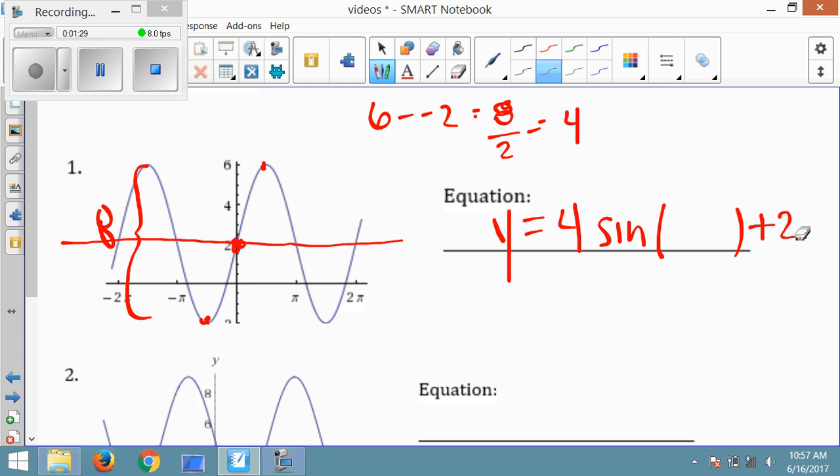And we've got to look to see if we have any horizontal shifting, which since we're starting right at 2, we do not, so we have no plus b. And we have to look at our period to see where it ends. In this case, it does end at 2 pi, so we have no change in the period, so our b value is just 1, so we don't have anything other than x inside of a parentheses. So let's try another problem.